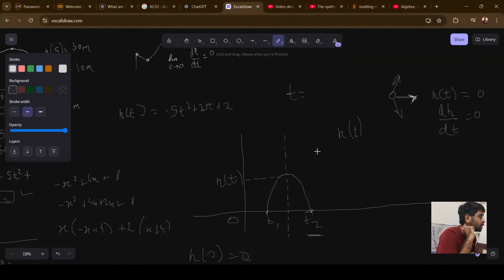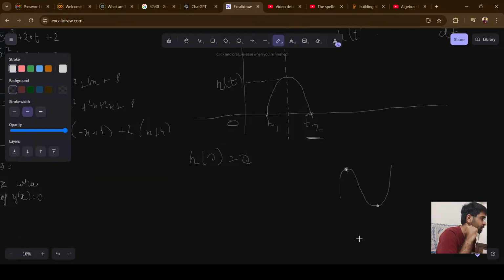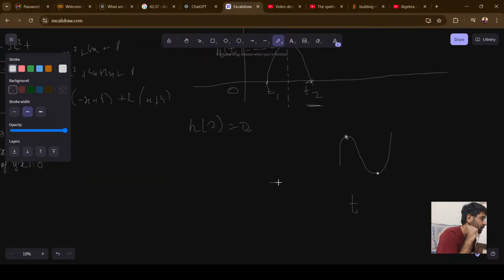So if I have 2 or 3 peaks or dips like this, then the time at this point and the time at this point will allow us to solve, because it is giving us the maximum height, max height and min height.